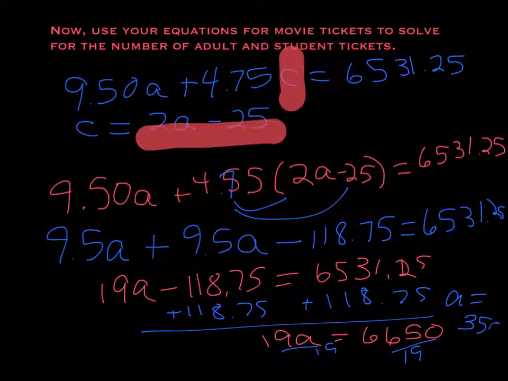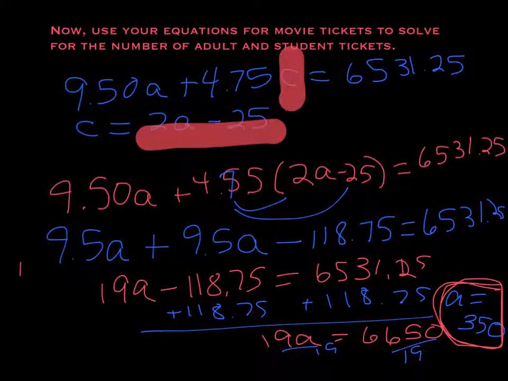Look at that, it turned out pretty nice. There's my answer, except I had two equations. And so if I have two equations and two variables, I need two answers. So if I know now that 350 adult tickets were sold, I'm just going to go up here.